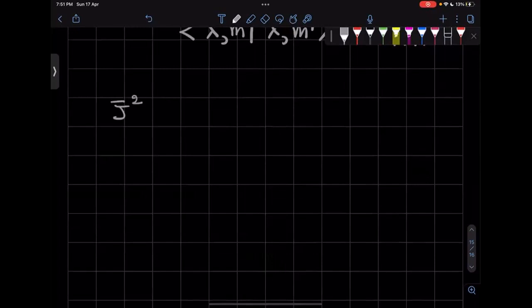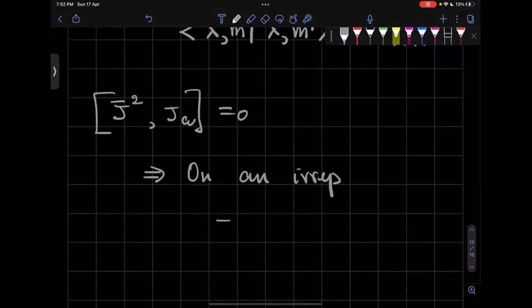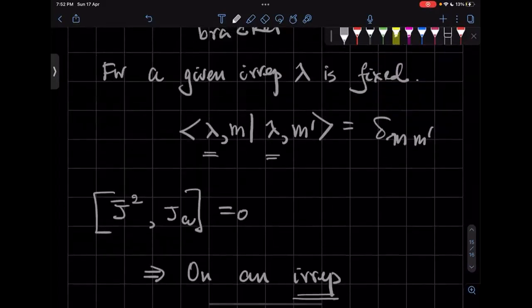You have J squared, which is a Casimir operator. It commutes with all the operators of my Lie algebra. So by Schur's lemma, on an irreducible representation, J squared has this form. So if I concentrate my attention on an irreducible representation, this eigenvalue cannot change, right?